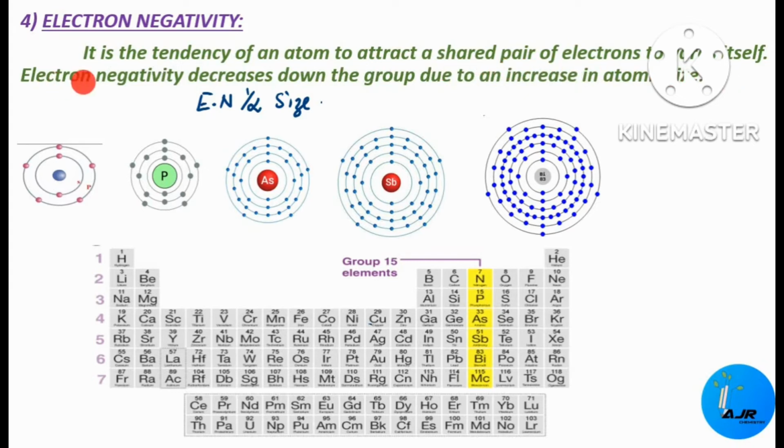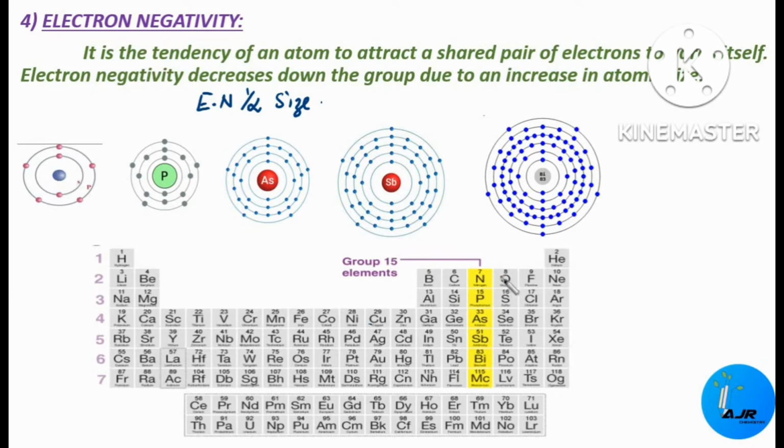Electronegativity decreases down the group due to an increase in atomic size. When you move from nitrogen to bismuth, the atomic size increases. So the pull of the nucleus on the outermost electron goes on decreasing.